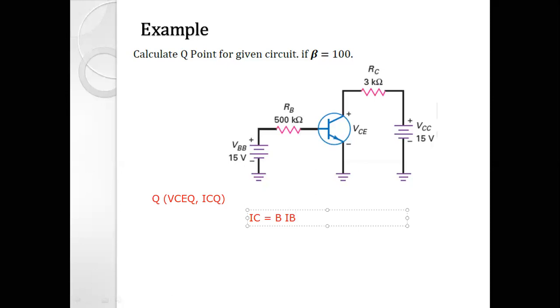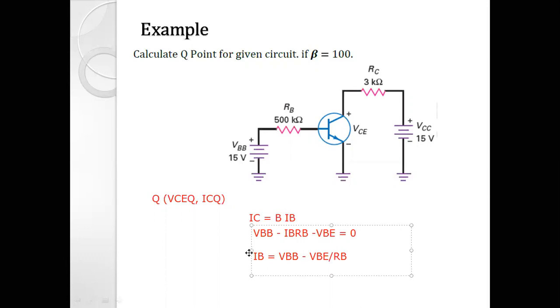But what about IB? To find IB, I have to apply KVL at the input section, that is over here, starting from this VBB going from negative to positive. So VBB minus IBRB minus VBE is equal to 0, right? From that I can write IB is equal to VBB minus VBE divided by RB.